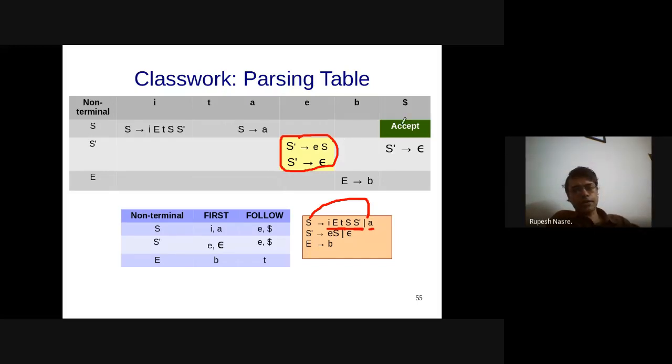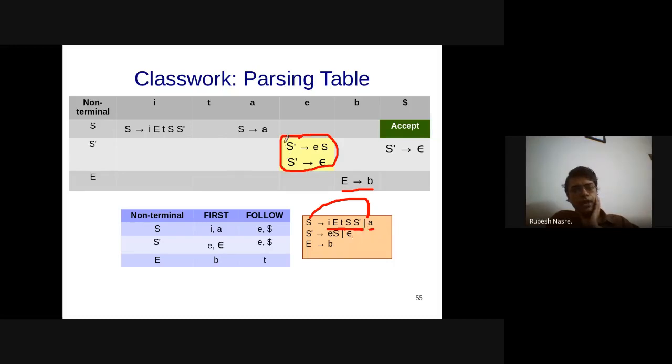S dollar is accept, then S prime E, we'll discuss that. S prime epsilon is going to be there because of the dollar being in the follow set of S prime, as well as in E, right? E deriving b is going to be there in E and b's column. So that part is also okay.